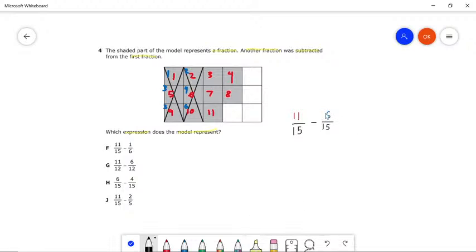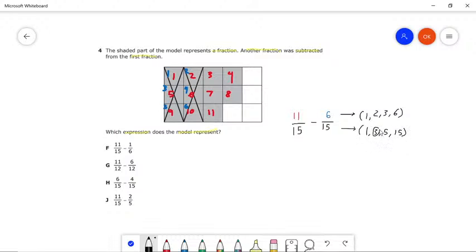And let me actually write this out. 6 can be divided by 1, 2, 3, and 6. And 15 can be divided by 1, 3, 5, and 15.